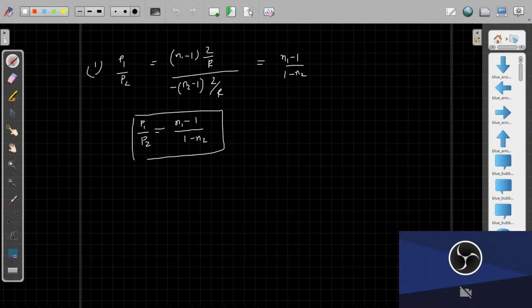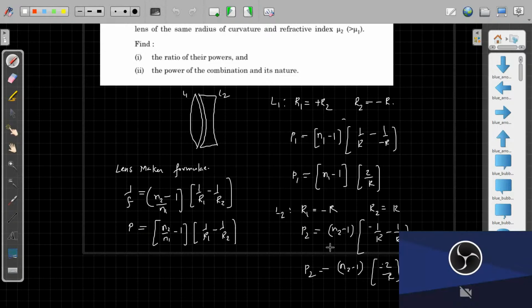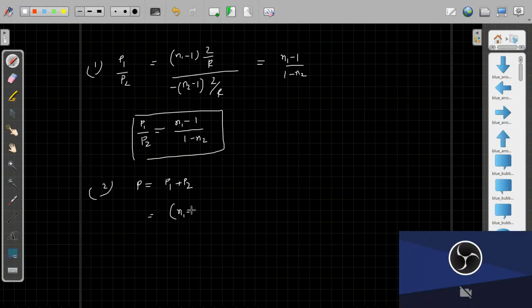Second, power of the combination. The equivalent power is P1 plus P2. So power 1 is this: N1 minus 1 into 2 by R, and this would be minus N2 minus 1 into 2 by R. Shall we distribute this?